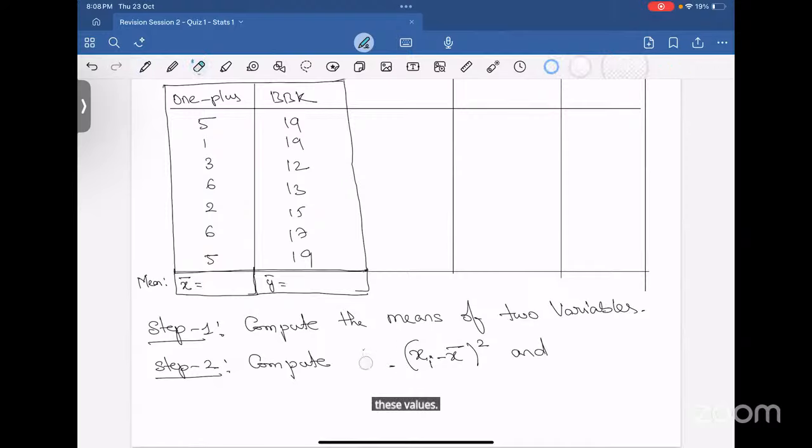Or compute xi minus x bar and yi minus y bar whole square. And xi minus x bar into yi minus y bar.